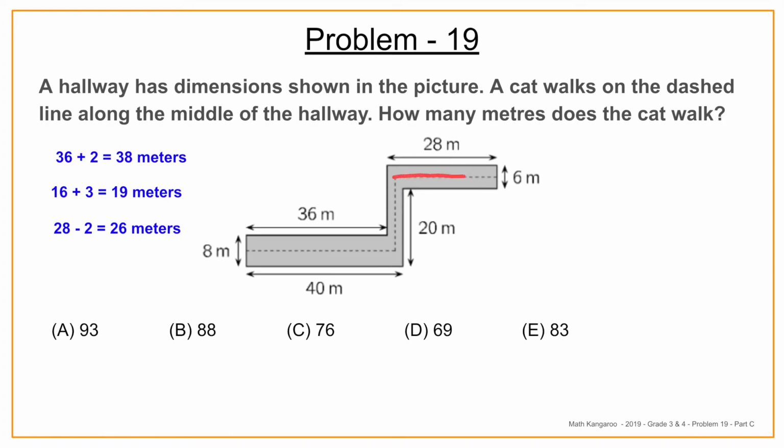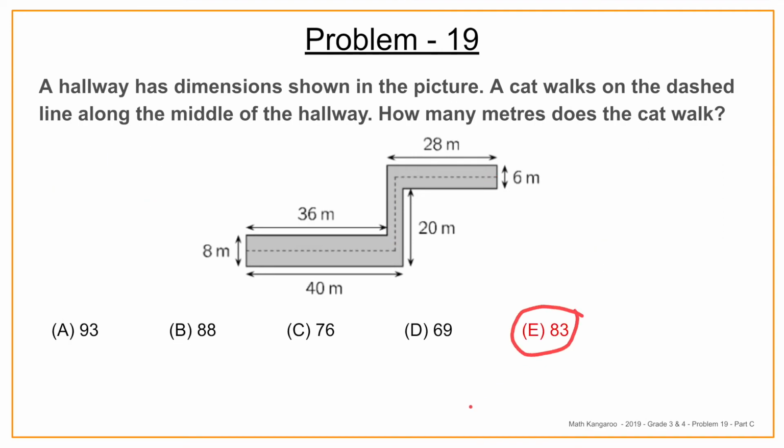So from here to here it's 26 because the full is 28 minus this distance gives us this distance, and it becomes 26 meters. Now we know the cat walks 38 meters here, 19 meters here, and 26 meters here. The total is 83 meters. And 83 means this is our option E, 83.